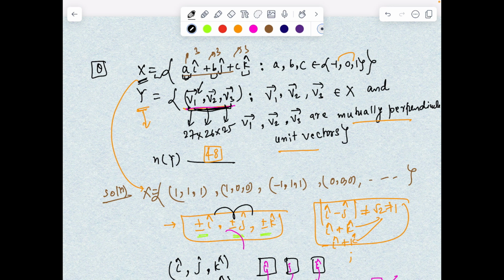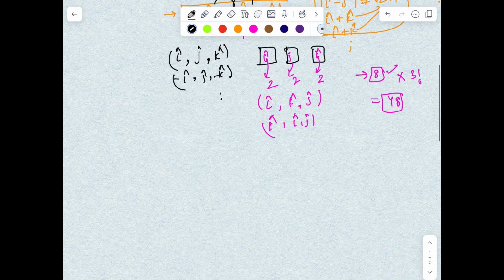These choices we have for all of them, and clearly there is no need to multiply with 3 factorial because it already takes care of all the ordered combinations. So I hope it is clear. In that sense the probability will be 48 divided by this. It would have been a probability question.